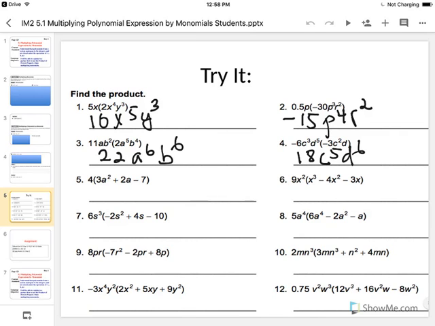And for number 5, we have a monomial times a trinomial of degree 2, and the result will also be a trinomial. Okay, and for number 6, we have a monomial of degree 2 times a trinomial of degree 3.